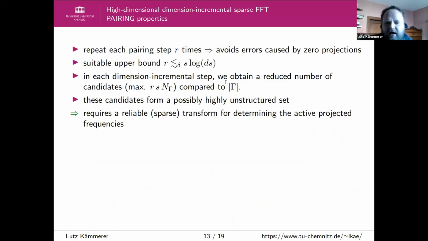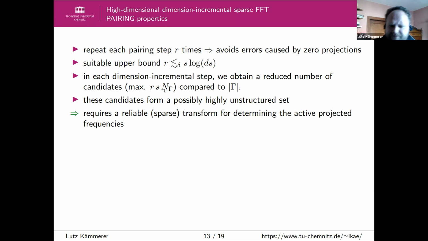Okay, what do you do? You repeat each pairing step several times in order to avoid these errors caused by zero projections, right? So if you have Fourier coefficients that sum up to zero, you maybe lose something, so you repeat these things. There's a pseudo upper bound that depends on the success probability of the procedure, and this is linear in S, but this is really the worst case analysis, and in practice this is much better.